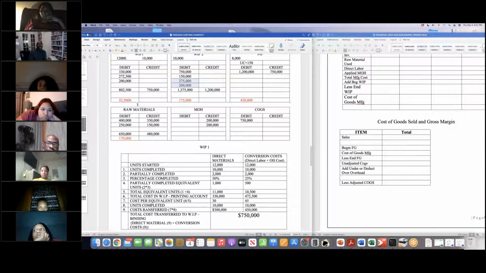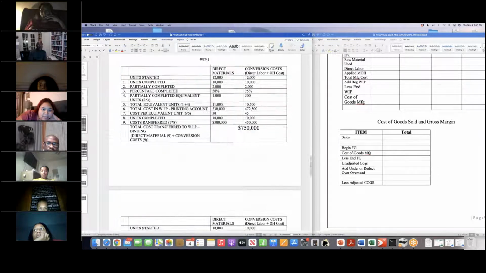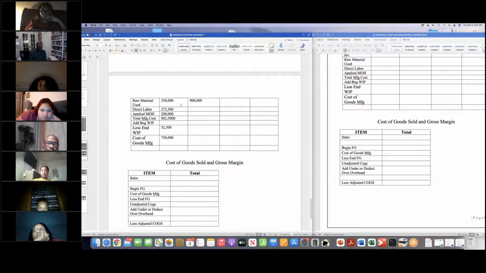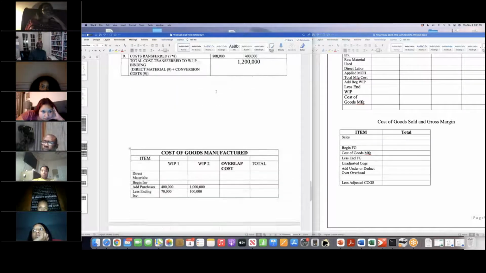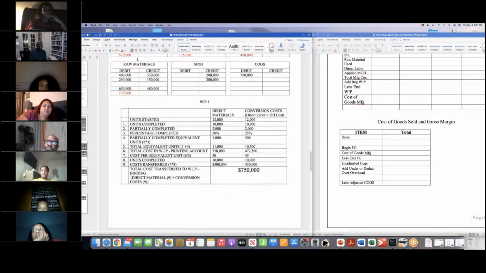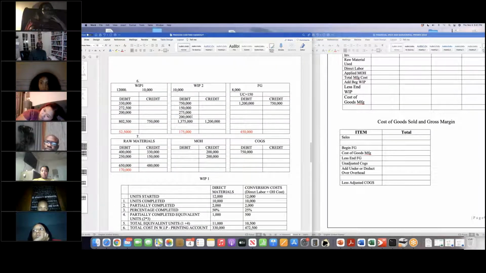Then we can bring in these two numbers. And so our total manufacturing cost is the 1,375.